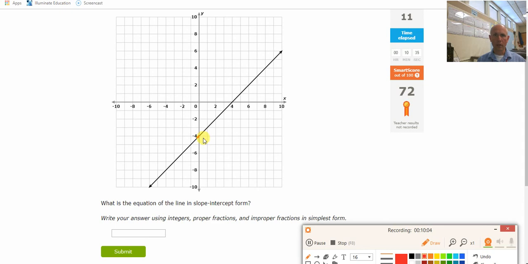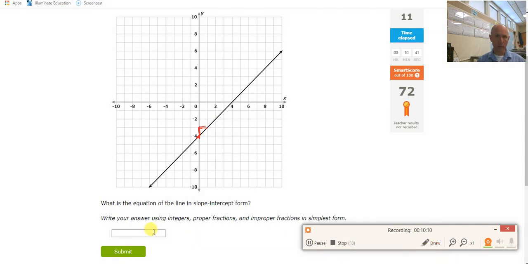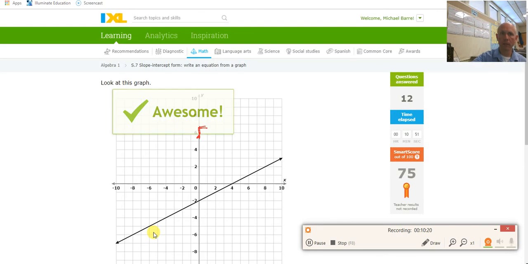-4 right there with a slope of 1/1. So y equals x minus 4. It's a positive line. I got a positive slope, 1/1. That's good.